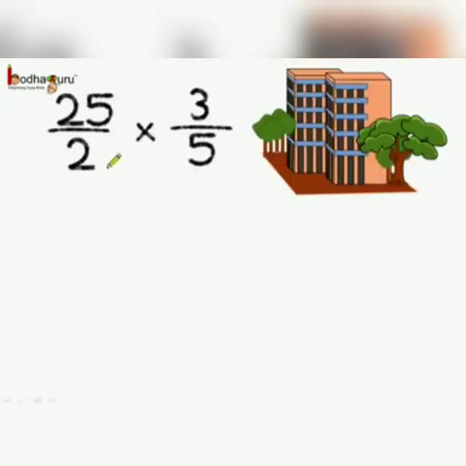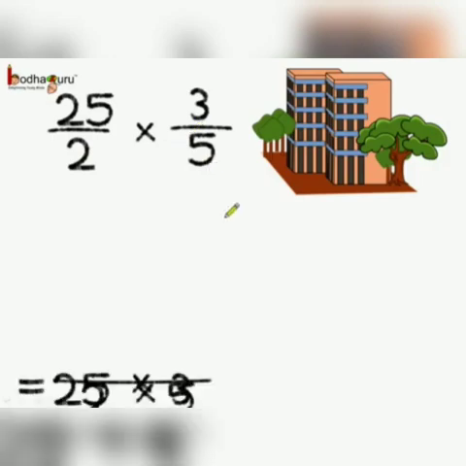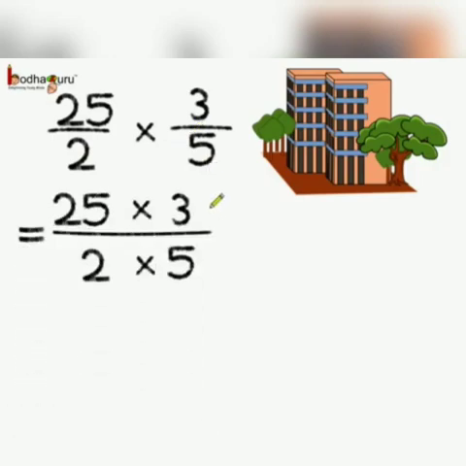Now we can multiply 25 by 2 by 3 by 5. We know we can multiply the numerators and the denominators. So it is equal to 25 multiplied by 3 by 2 multiplied by 5. Now we can simplify this. 5 5s are 25. So what do we get?